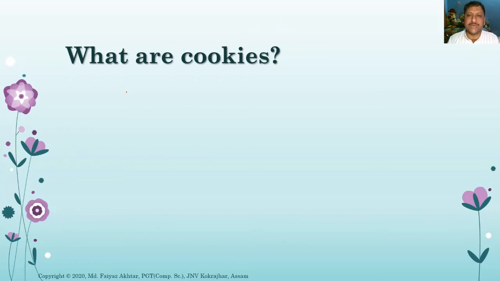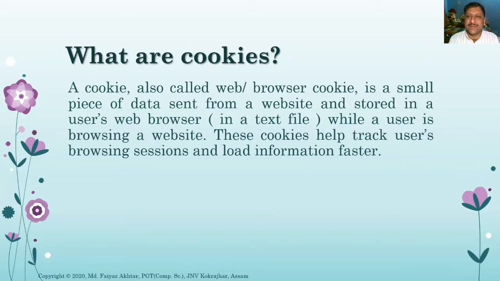What are cookies? This is not the cookies we used to eat, but these cookies are something else. You should understand these things. A cookie, also called a web browser cookie, is a small piece of data sent from a website and stored in the user's web browser.